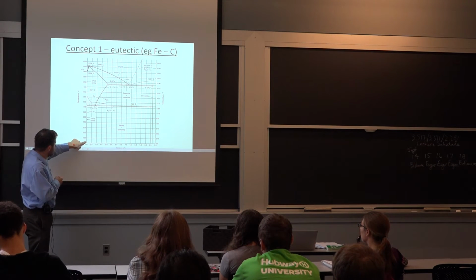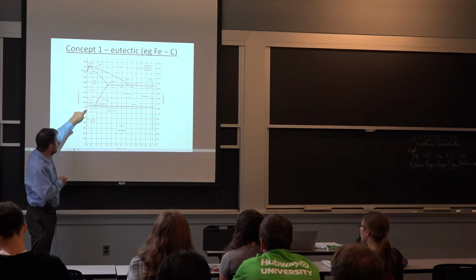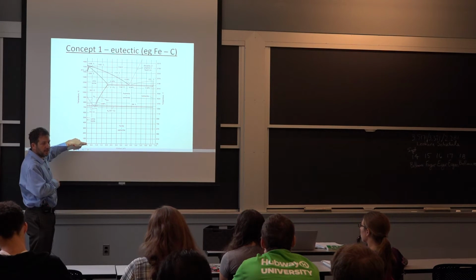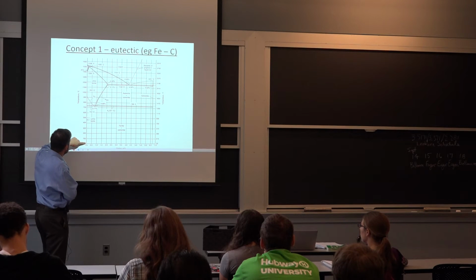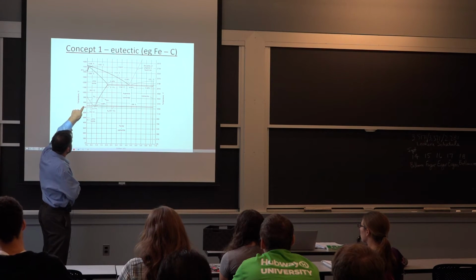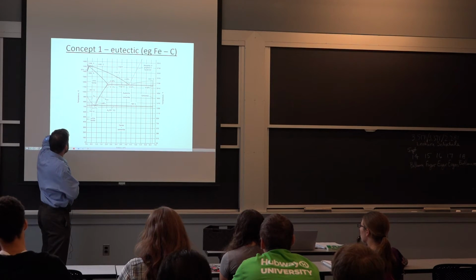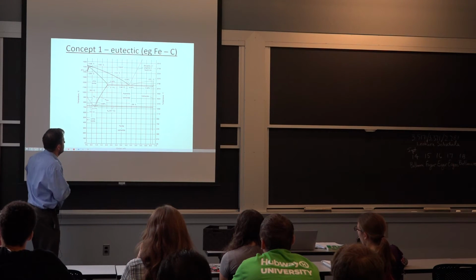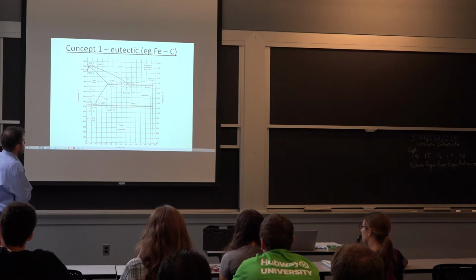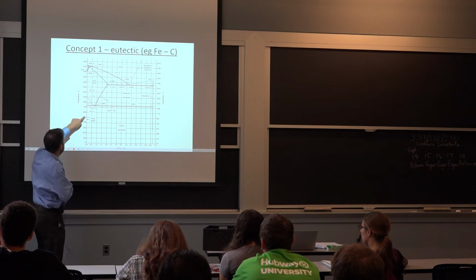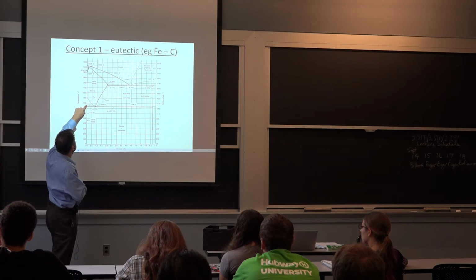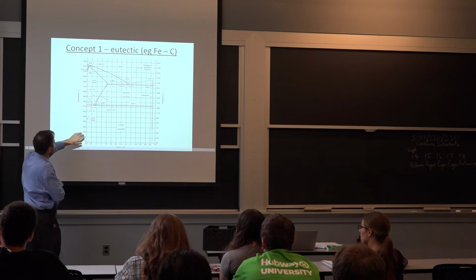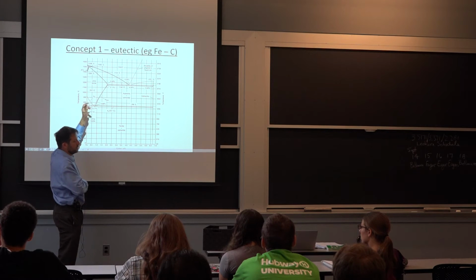If I'm just over here and I'm looking at pure iron, what does it look like depending on the temperature? At cold temperature, all the way to about 730 centigrade, I have the typical alpha phase of steel. Then when I go above this, I transition to the gamma phase, or the austenite. So we have the ferrite up to that temperature, and then we have the austenite.